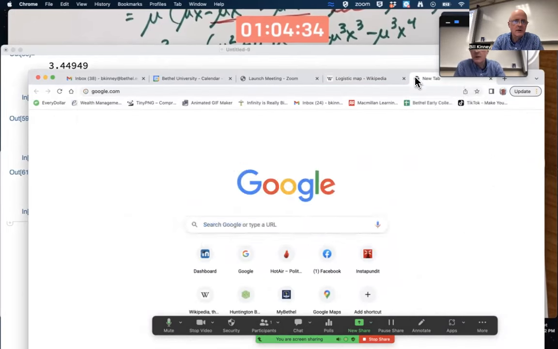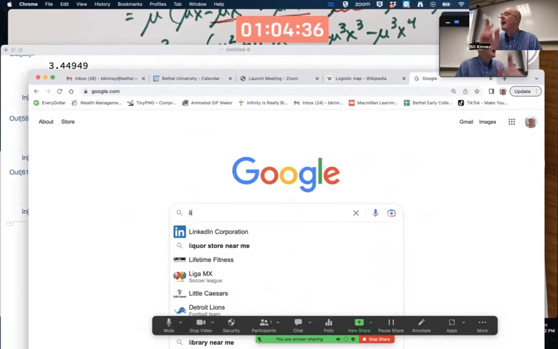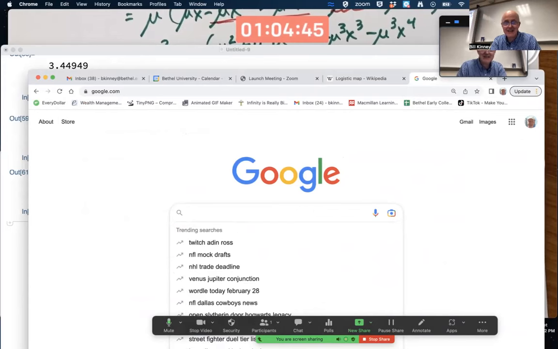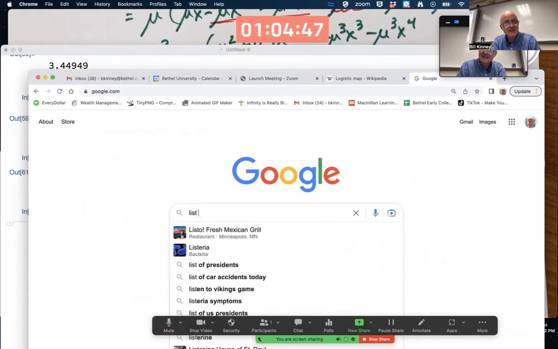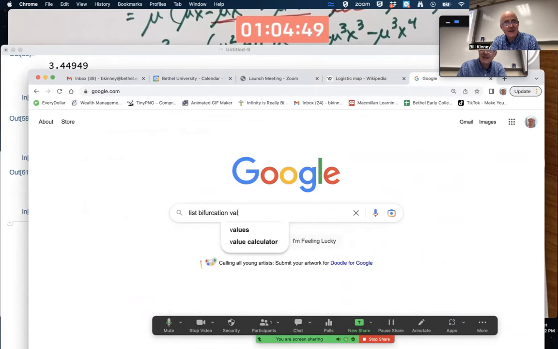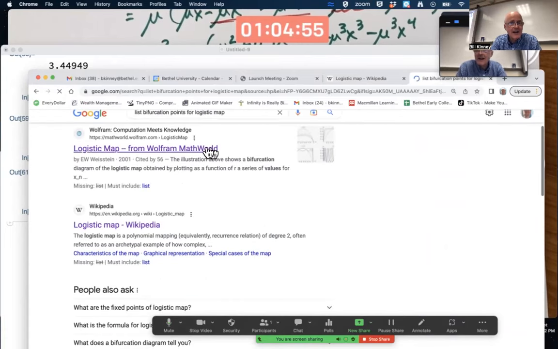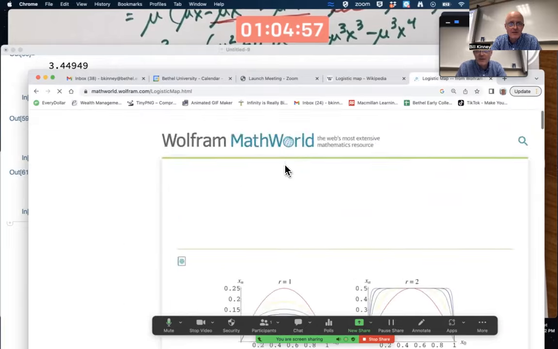Oh, how about Google? I am going to join ChatGPT this week. I wanted to make an account. Could ask ChatGPT if I had an account. List bifurcation values or points for logistic map. Wolfram MathWorld.